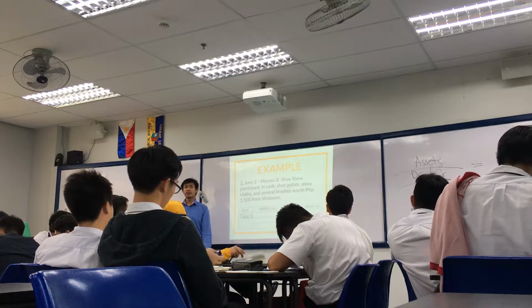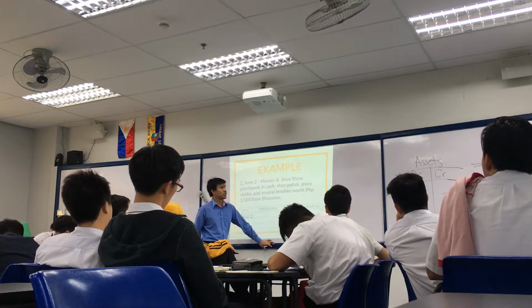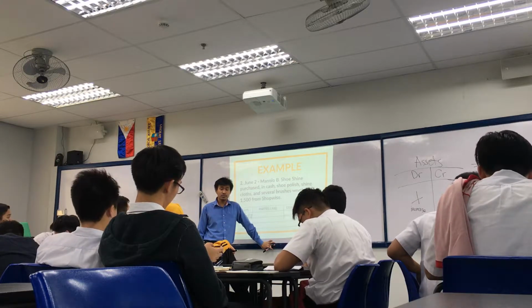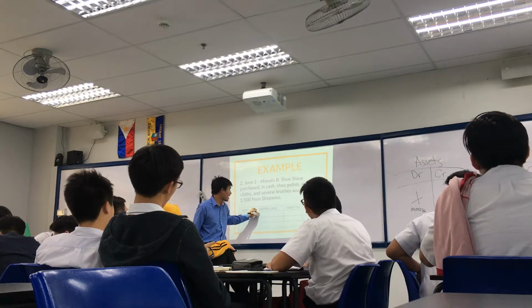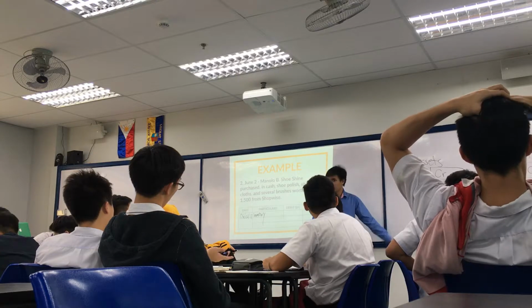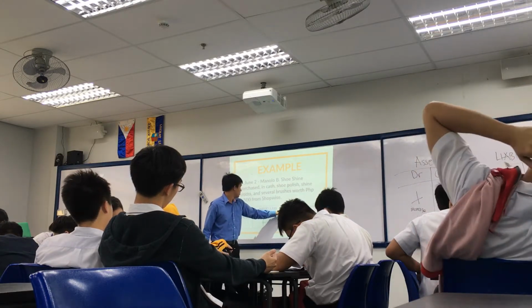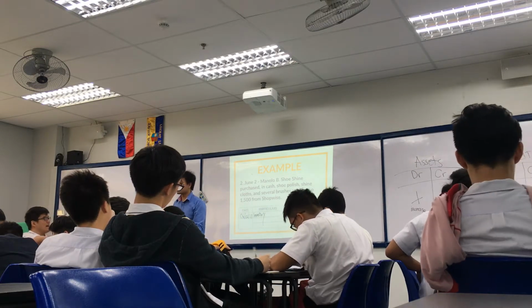We debit inventory. Why not cash? You lost cash, so why would you debit it? Credit. So we debit inventory because you had an increase in inventory. You gained stocks. What did you lose when you bought stock?